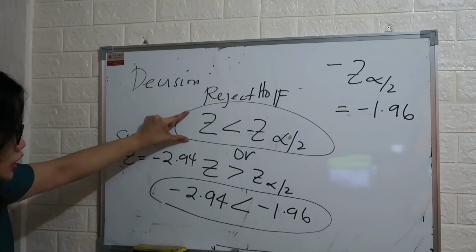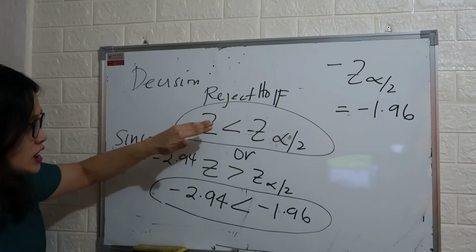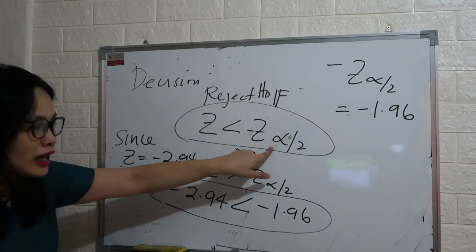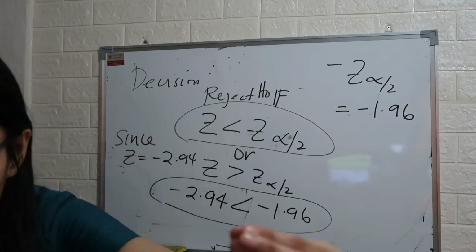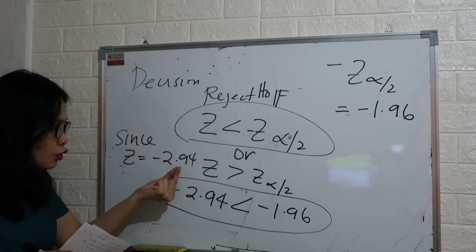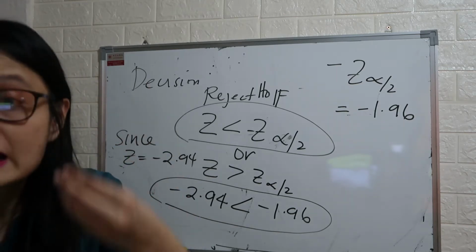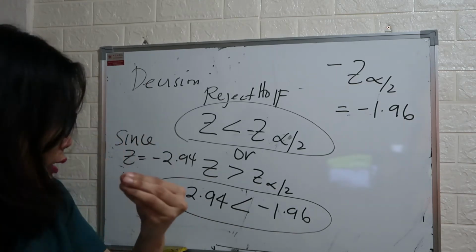Were the conditions met? Reject H0 if the z value is less than negative z alpha over 2. That's the condition. Since the z value is negative 2.94, we can say that negative 2.94 is less than negative 1.96.